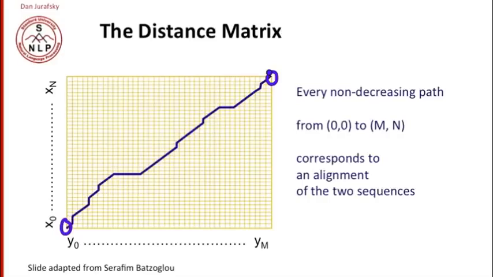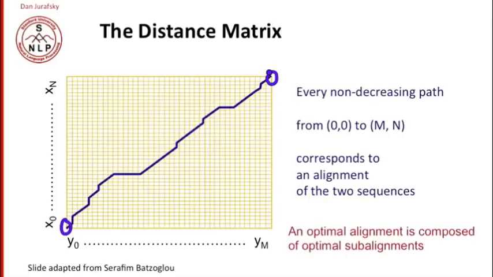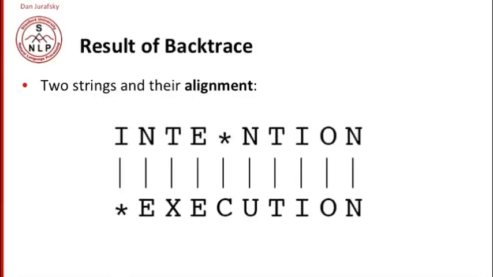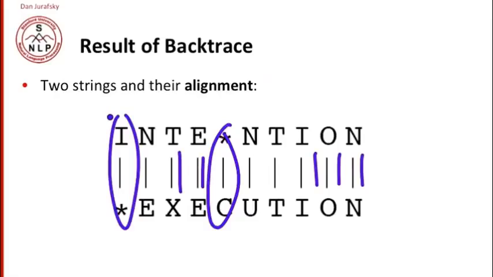An optimal alignment then is composed of optimal subsequences, and that's the idea that makes it possible to use dynamic programming for this task. So the result of our backtrace is two strings and then the alignment between them. So we'll know which things line up exactly, which things line up with substitutions, and when we should have insertions or deletions.